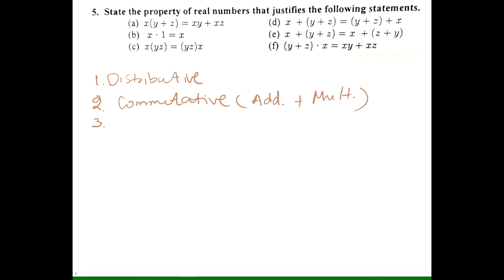Number 3 is the associative property. We also have the associative property of addition and the associative property of multiplication, and this property says that the terms are regrouped.